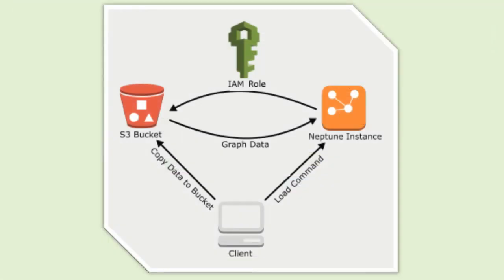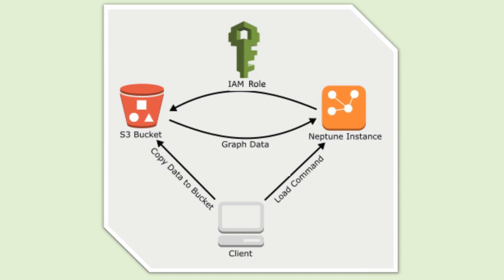This is a simple use case where we have a storage bucket that is being authenticated using an IAM role by the Neptune instance, which stores the data back and fetches from this S3 to the Neptune instance, the graph data, which is being recommended by a client.